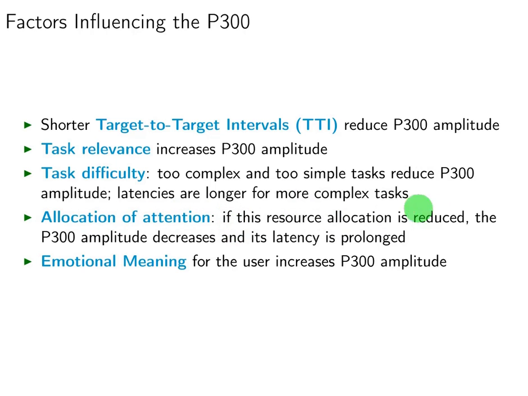If this resource or allocation is reduced, the P300 amplitude decreases and its latency is prolonged. Lastly, the emotional meaning of the stimuli for the users can increase P300 amplitude. So all of these factors need to be taken into account when we want to build a BCI using P300 waveforms. And our goal is to obtain P300 with increased amplitude, because amplitude is one of the representative features of P300 waveforms.